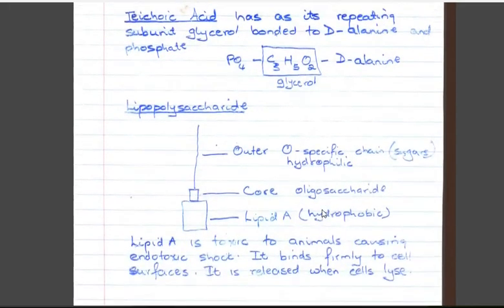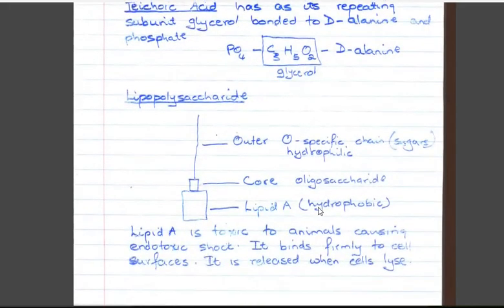And we have lipopolysaccharide, which you will see on the beautiful diagrams. Lipopolysaccharide has this O-specific chain, which is hydrophilic, and it has a core of oligosaccharide and lipid A, which is hydrophobic. So on the outside, it's hydrophilic, inside hydrophobic.